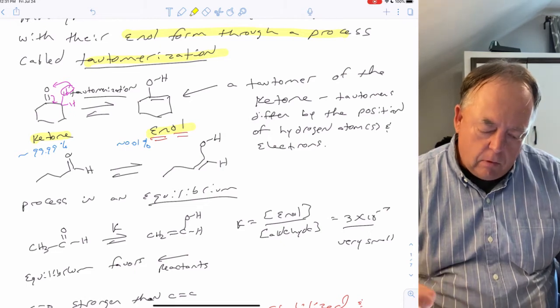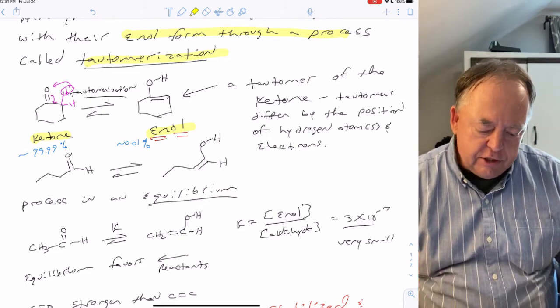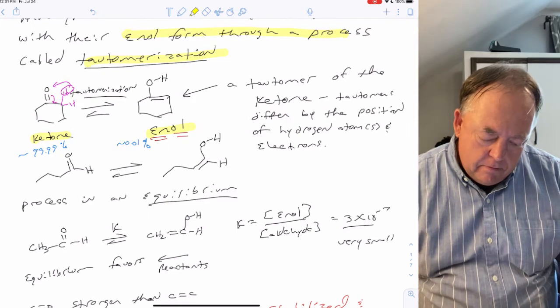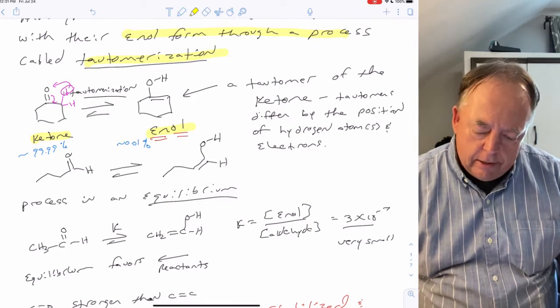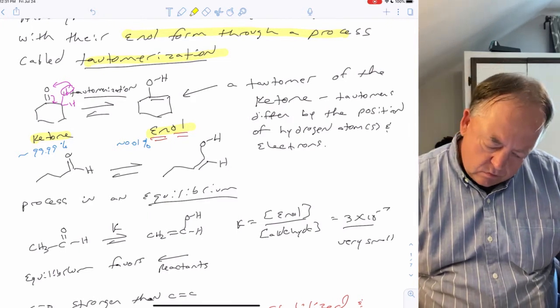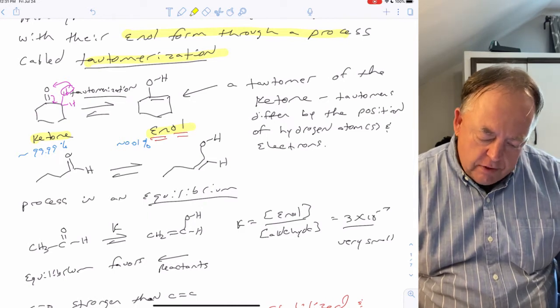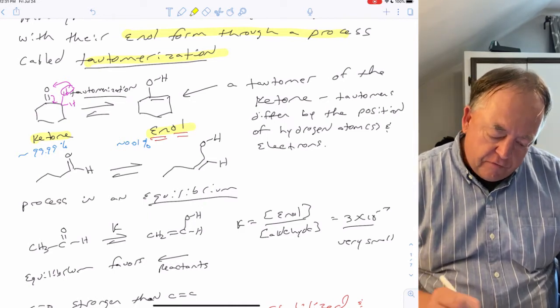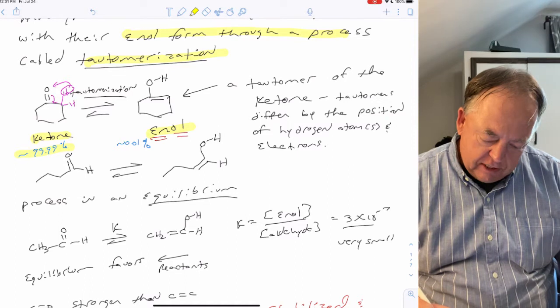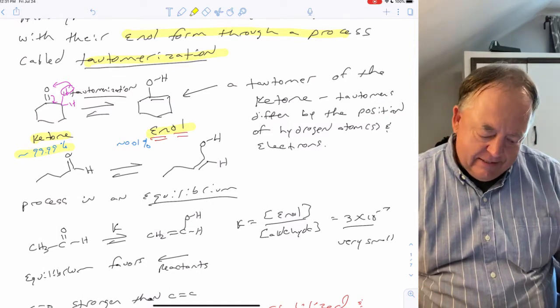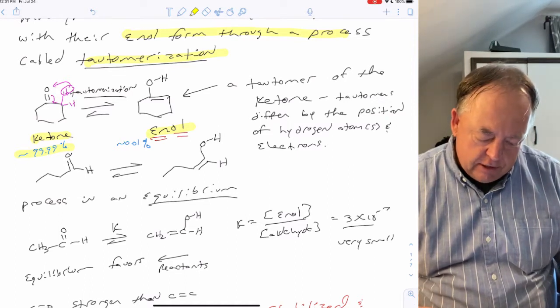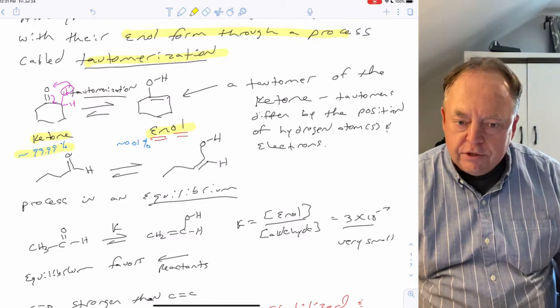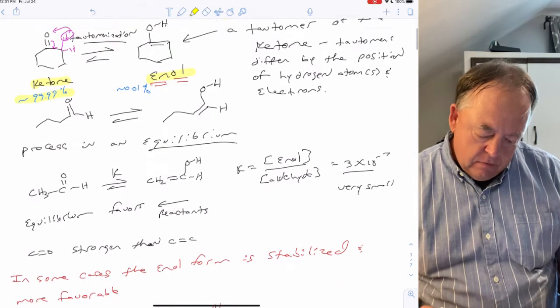So basically draw a double bond to either side of the carbon-oxygen double bond and make the carbon-oxygen double bond an OH instead. In general, the ketone and aldehyde form is preferred. It's more stable. For example, cyclohexanone exists 99.99% in the ketone form and only about 0.01% in the enol form.